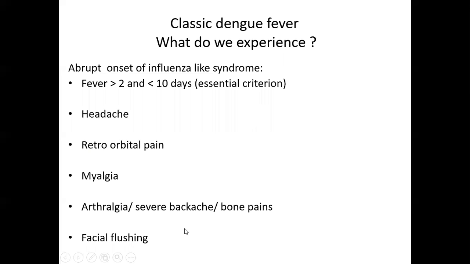Myalgia, arthralgia, severe backache or bone pains. So this is also called the breakbone disease. Dengue fever is also called the breakbone disease because severe backache and pain in the bones occurs.